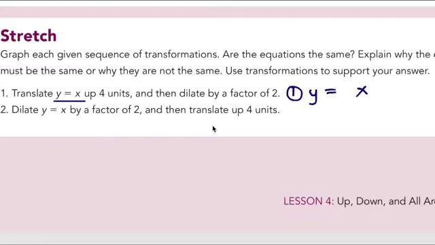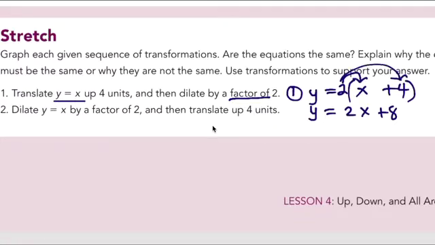Up 4, so you add 4. Then a dilation by a factor of 2. So you're factoring 2. That means this whole thing grows by 2, so you have to put parentheses around the whole thing, and then 2. So the equation for this is 2x plus 8. Distribute, okay? That means to multiply. Fancy word for multiplication.